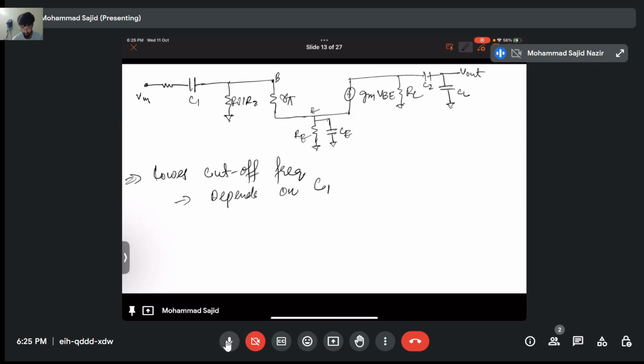So this is important. It depends on C1. As I said, we will short the capacitances and keep C1. So this will basically be like this.